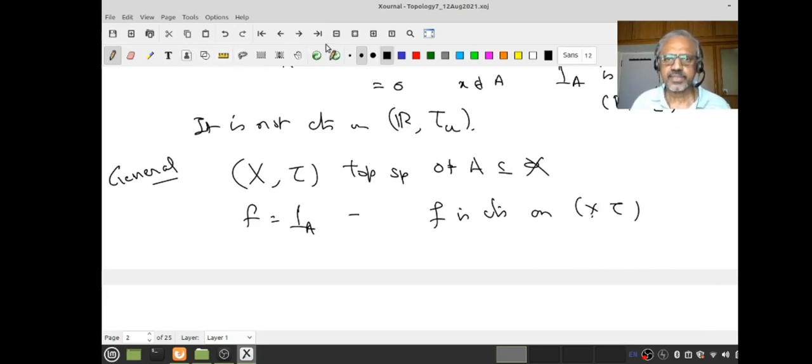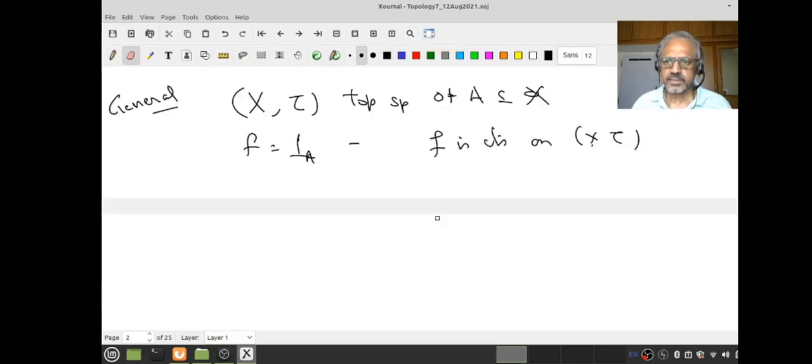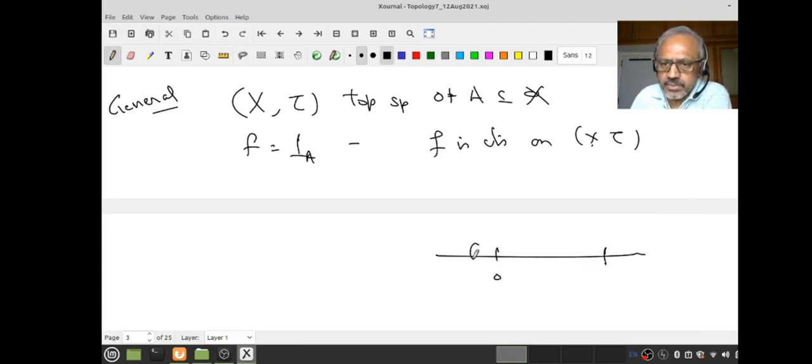Let us see whether all of you get that. So what does it mean? Like yesterday, we have 0 and 1. Let me take open intervals which are distinct.